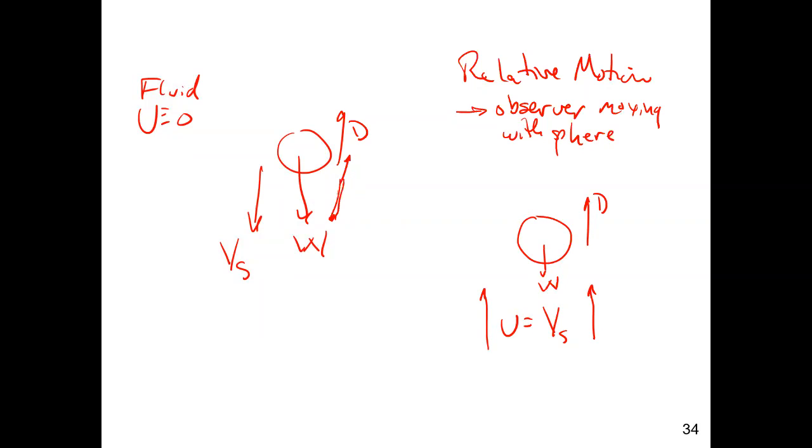And so what you'll see is there are basically three equations, and these are all on your handout for next time. These three equations describe this scenario, and from all of them, what we can get is the settling velocity.